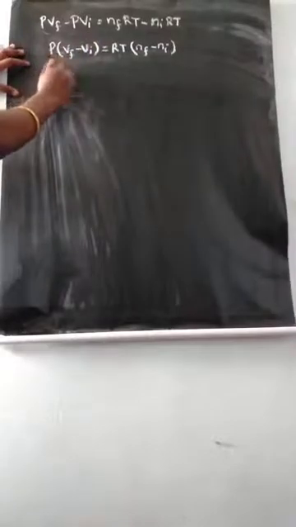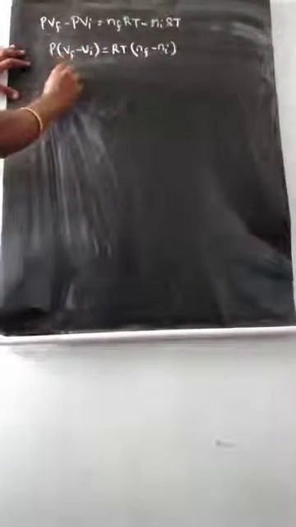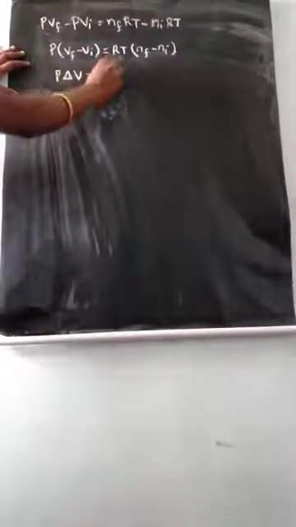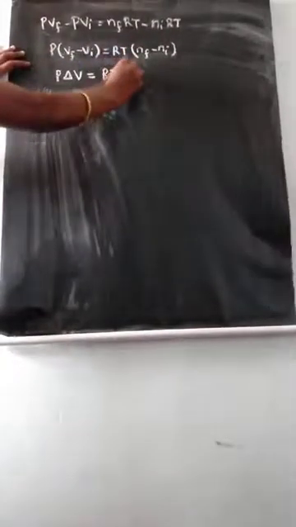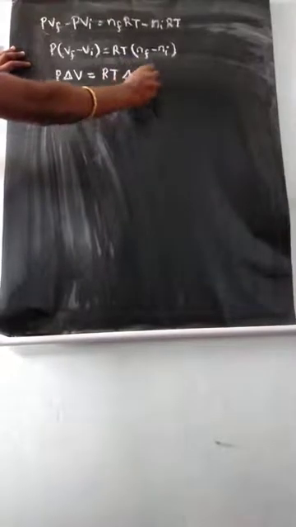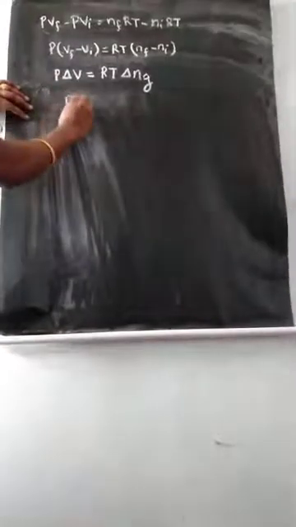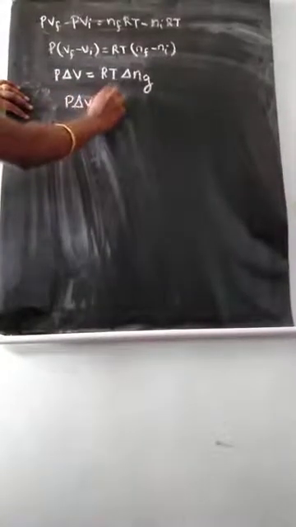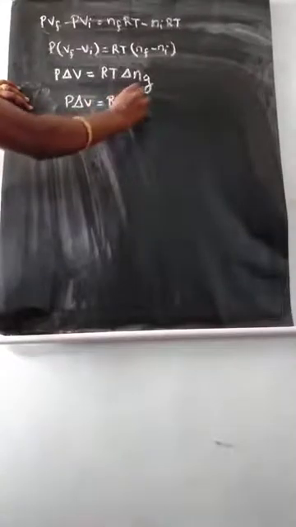Here Vf minus Vi is delta V. So P into delta V equals RT into delta N, the delta N of gaseous products, so we write delta Ng. Your formula is P delta V equals RT into delta Ng.